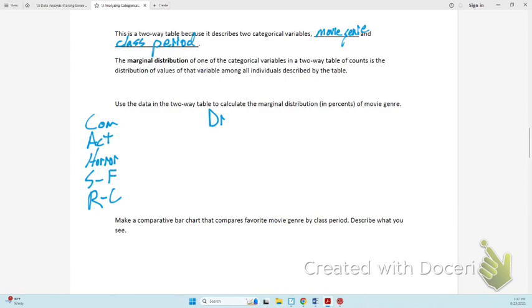Ran out of room there. And we have a total. I'm looking at the totals for each genre. We have a total of 7, 14, 11, 3, 3, 13, for musicals, and 1. So what we need to do is divide by the total number of votes, total number of students, and we will have the marginal distribution.